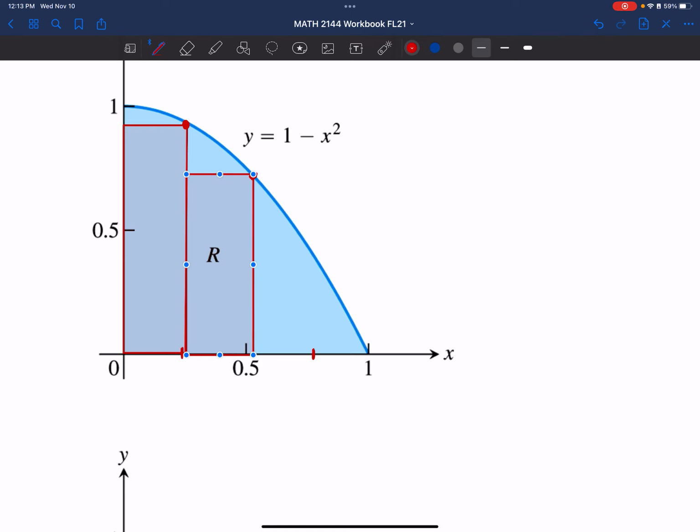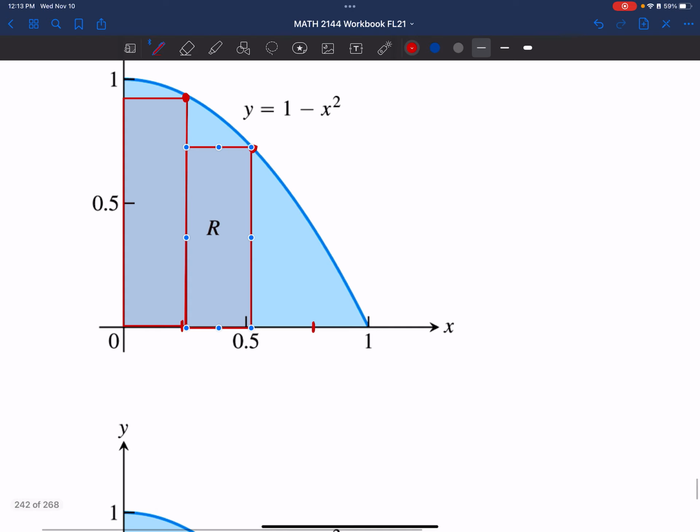Okay, let's shrink that in. Okay, the third rectangle is going to be here. This is going to be 0.75, or you could think about it as 3/4. So it's going to be right here. Let me line that up better. There we go.